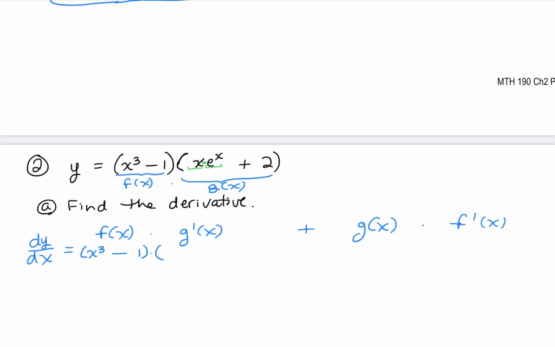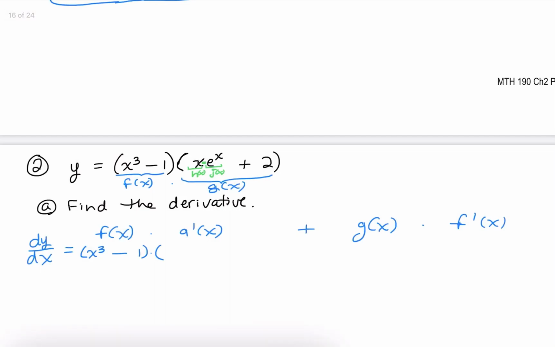So let's call these functions, how about h and maybe j. So I have an h of x times a j of x, a product of two functions of x. So that is going to require me to do a little product rule in here.